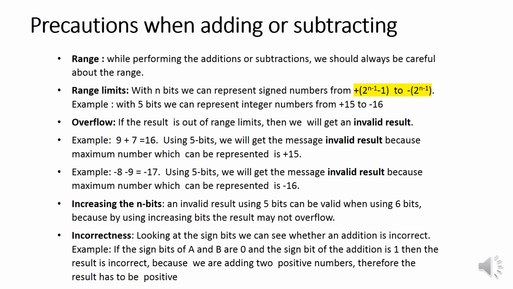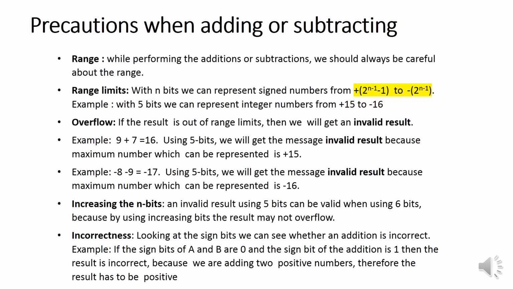Now, before going further with some practical examples, I want to draw your attention to the following precautions when adding or subtracting binary numbers. The first is range. While performing the additions or subtractions, we should always be careful about the range and its limits.